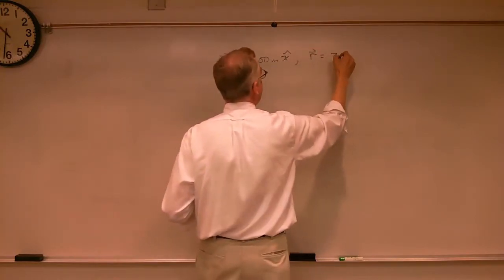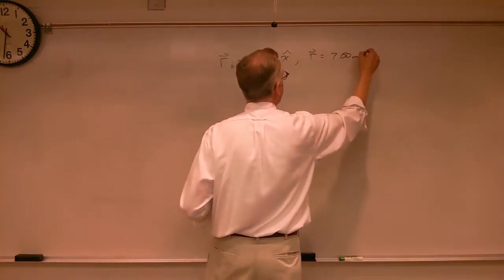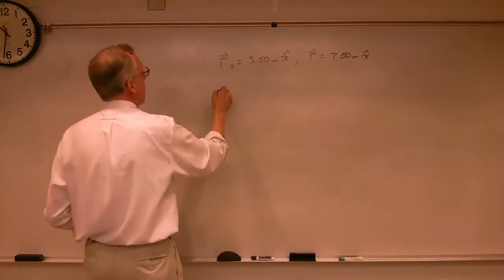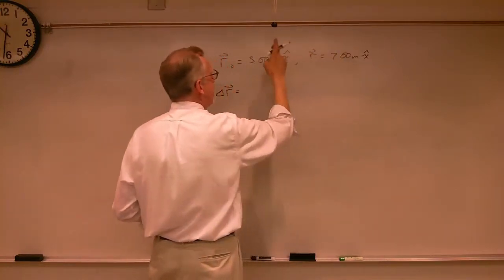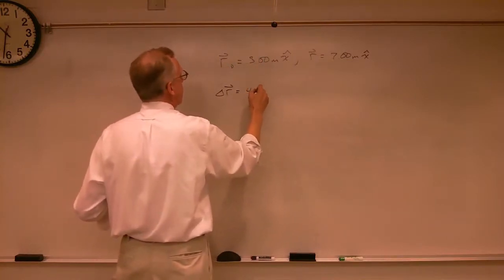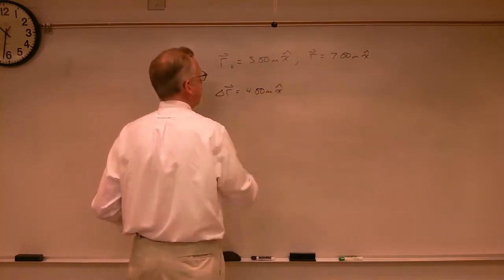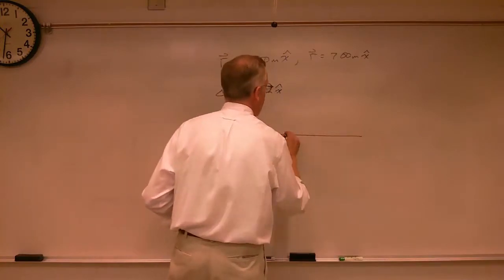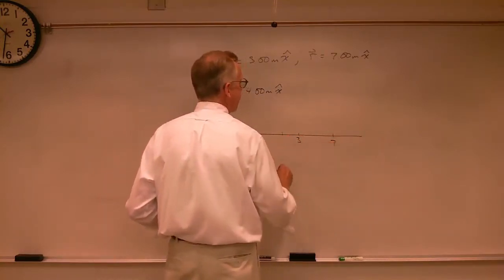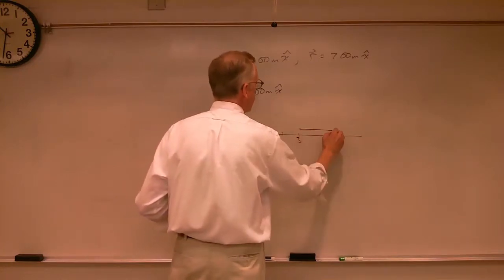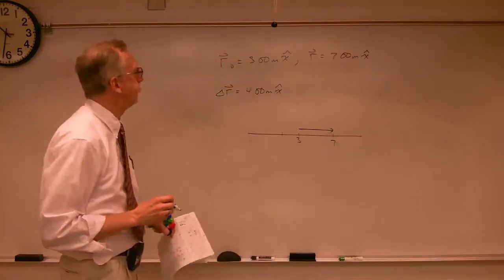R is 7 meters x hat. And what do we get? Delta r will be 7 meters x hat minus 3 meters x hat, 4 meters x hat. What do we have? We have the object starting out here at 3, ending up at 7. We get a positive displacement, motion to the right.